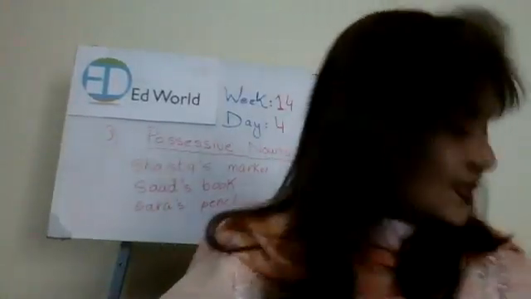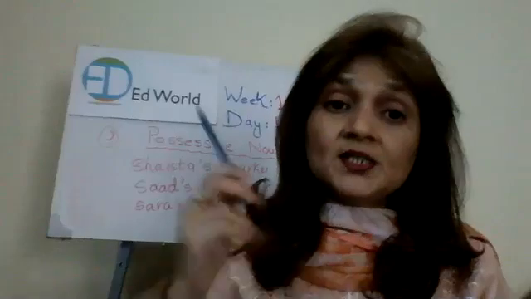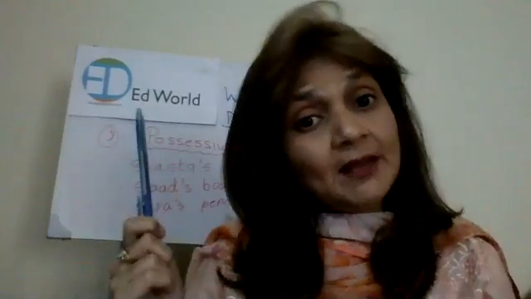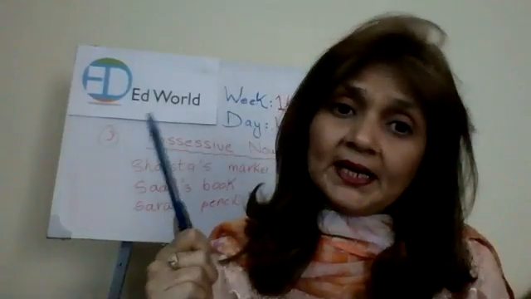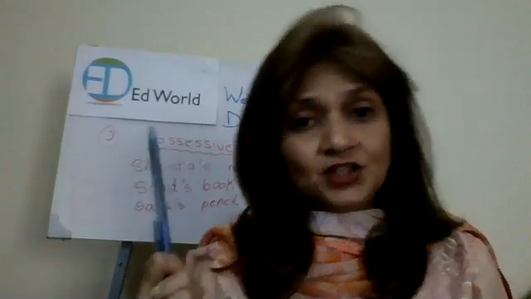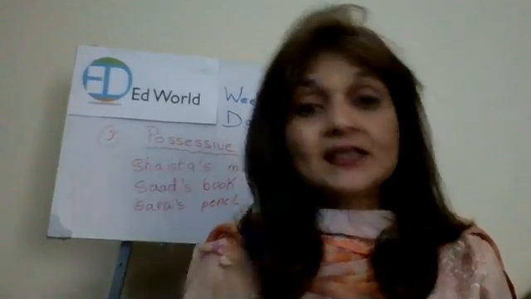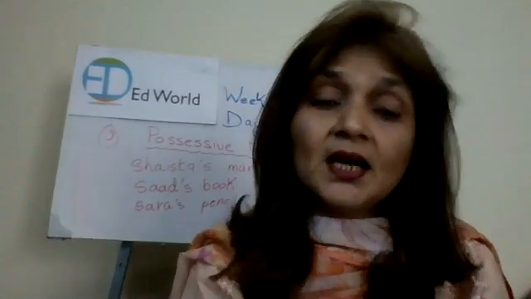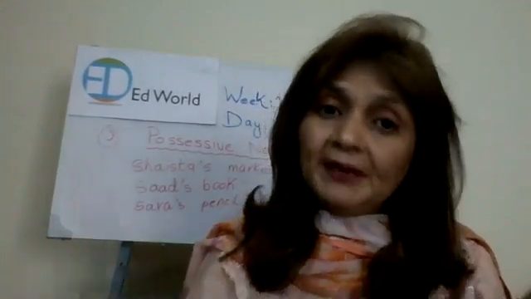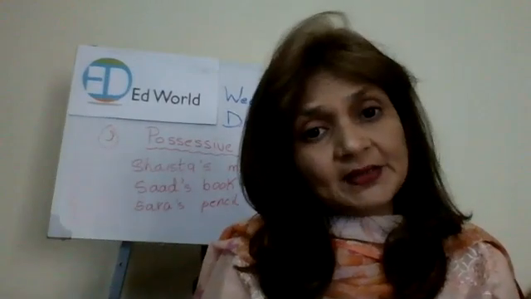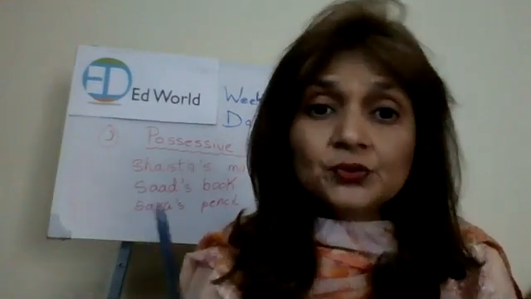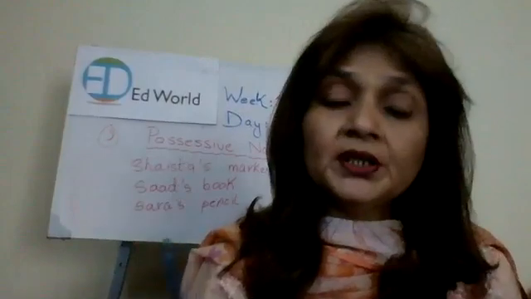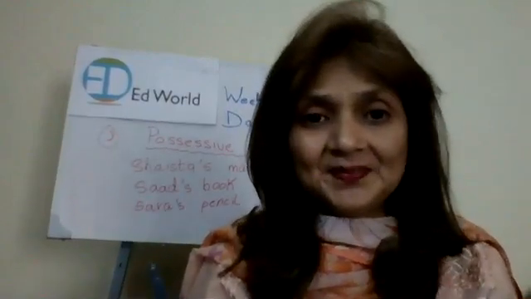You can say teacher's pen, because this is my pen, I'm holding it in my hand. Like Saad was holding his book, it was Saad's book. Sarah was holding her pencil, it was Sarah's pencil. So it tells you who is the owner of something.